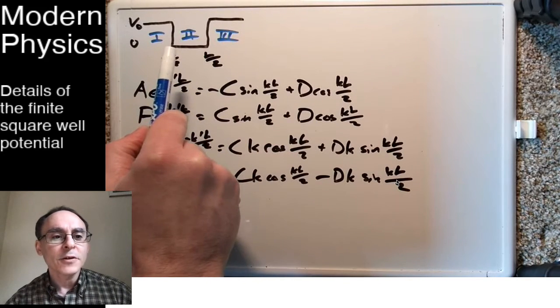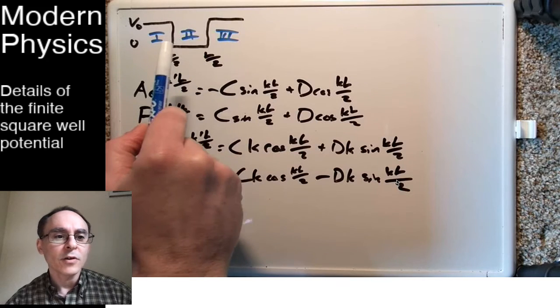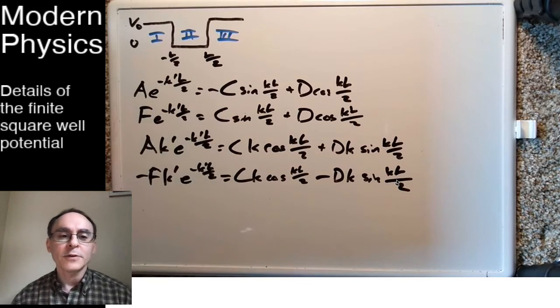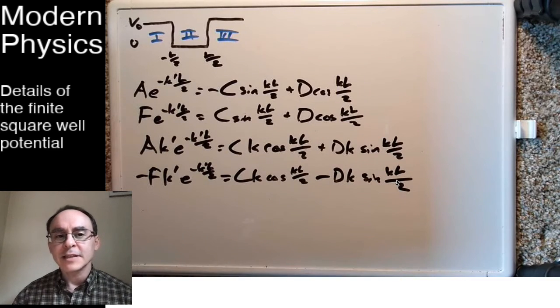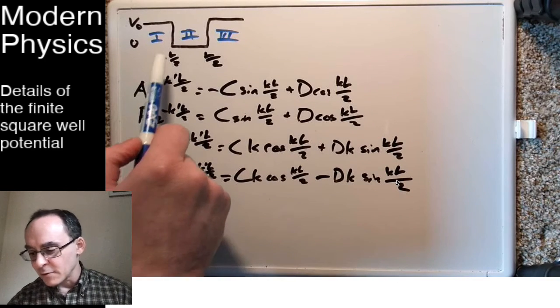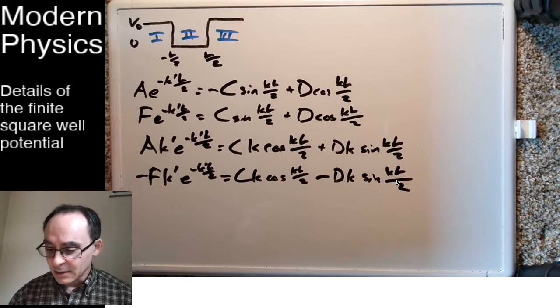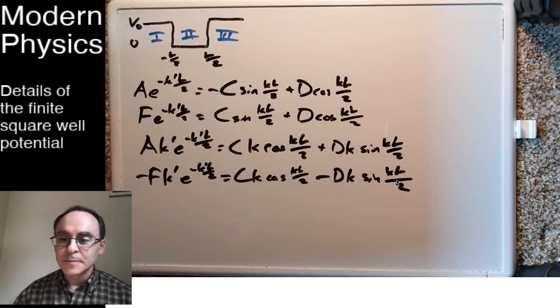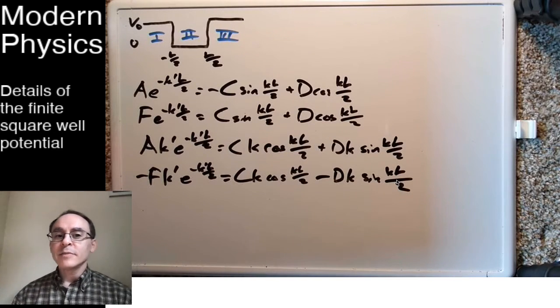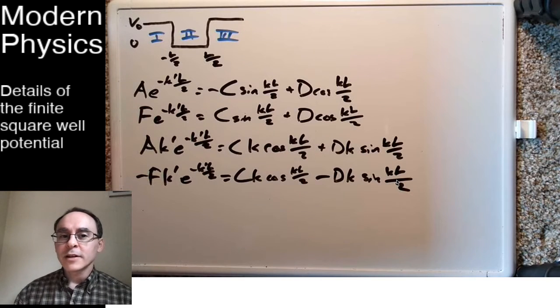That meant, unfortunately, that the sides of our potential were at negative L over 2 and L over 2, if we said that it's L wide. That makes this look a little bit messier, because if we had picked 0 to be, for example, the left edge, that would have made some of these equations look a little nicer. However, picking 0 to be in the middle lets us exploit the symmetry of the problem.